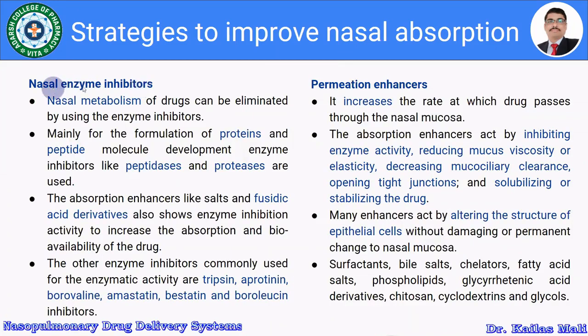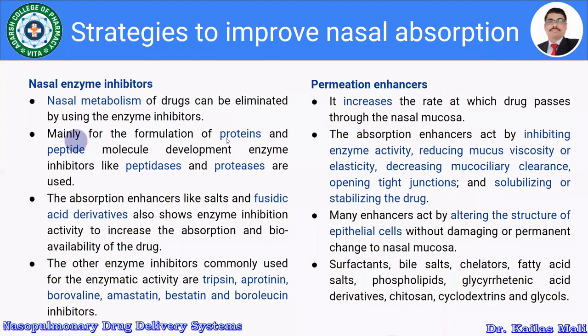Use of enzyme inhibitors in the nasal formulation improves the nasal absorption. As we have already discussed, there is enzymatic degradation in the nasal cavity. Nasal metabolism of a drug can be eliminated or reduced by using enzyme inhibitors.